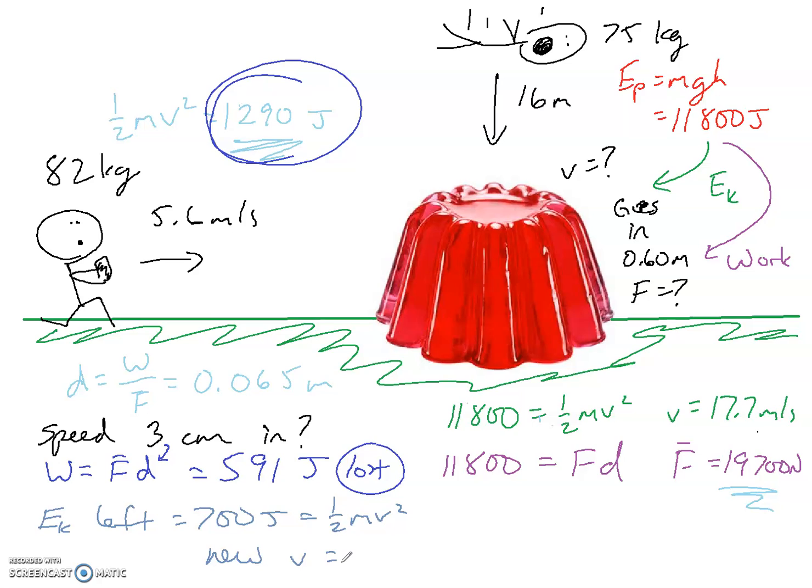So we can times the 700 by 2 for the 1/2. We divide that by his mass of 82, and then we can take the square root, don't forget to square root, and we can find out how fast he's going. And obviously he's going less than 5.6. And if we do solve for this, we get about 4.1 meters per second. So he's still going about 4.1 meters per second after he's gone into the jello about 3 centimeters.